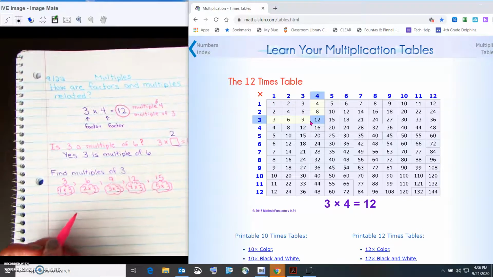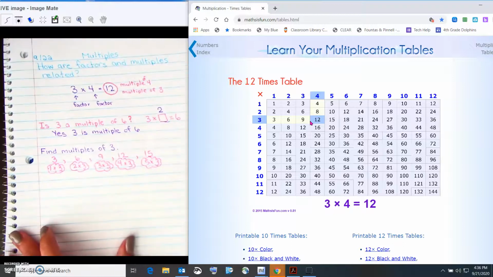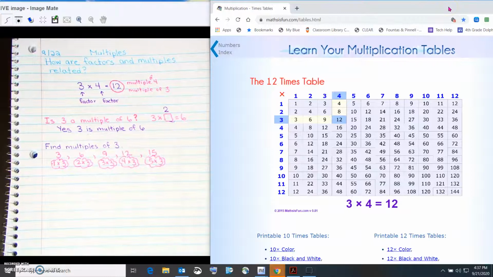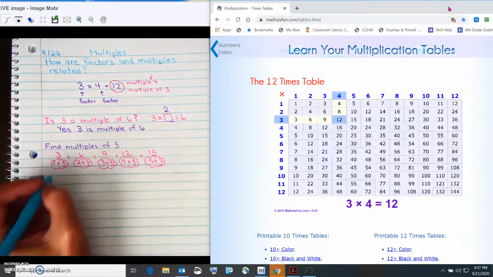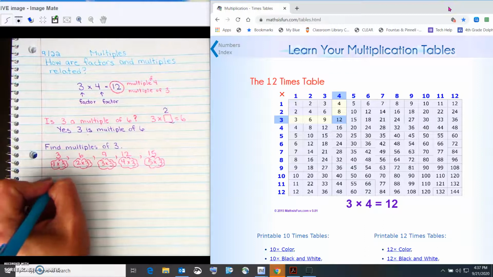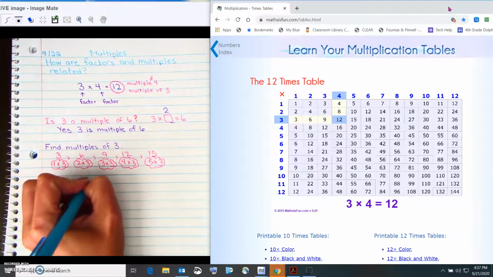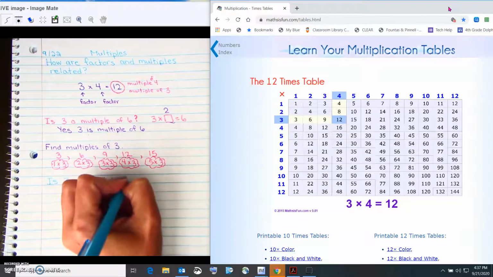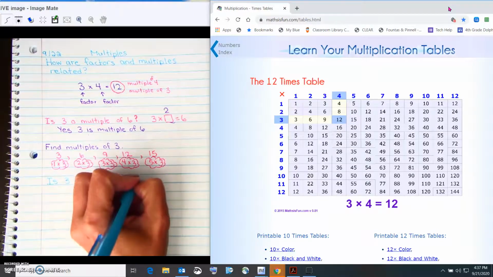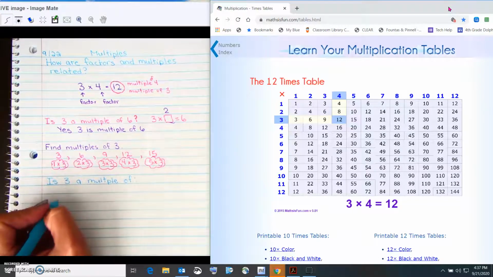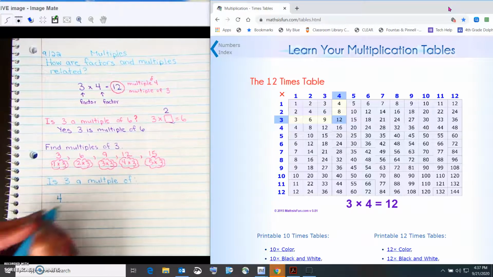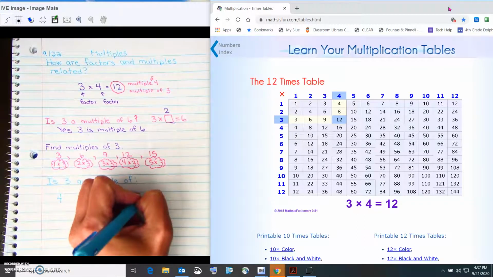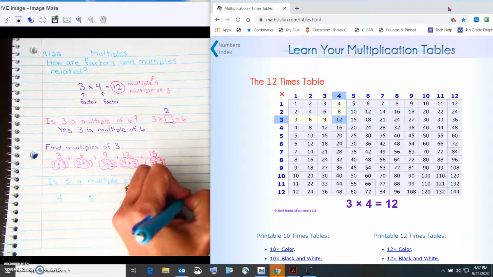So here's our question. Let's use blue. My question is, is 3 a multiple of, and our choices are, we're going to do 4, we're going to do 8, we're going to do 24, and we're going to do 38.